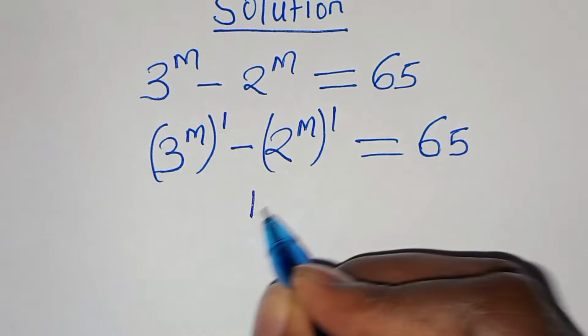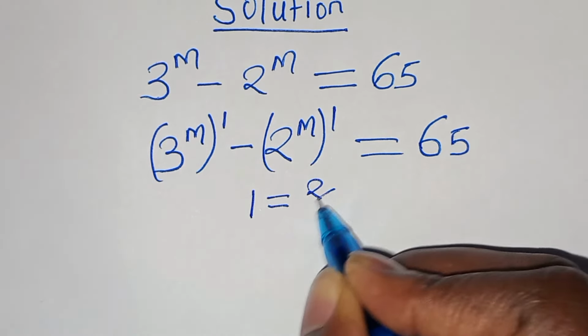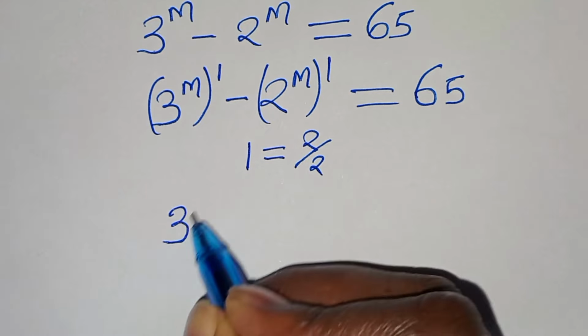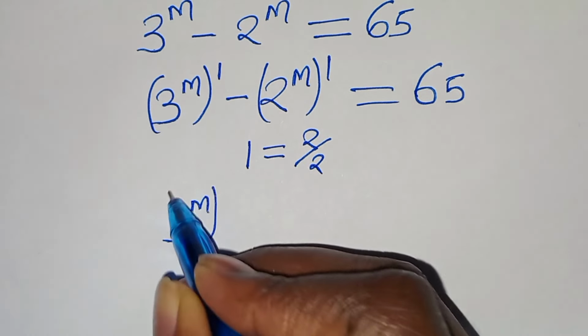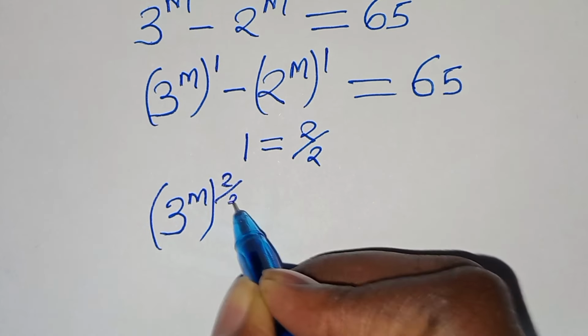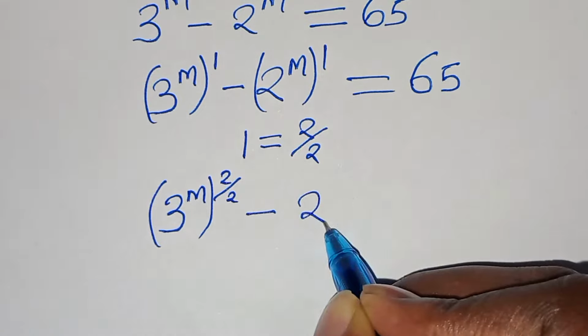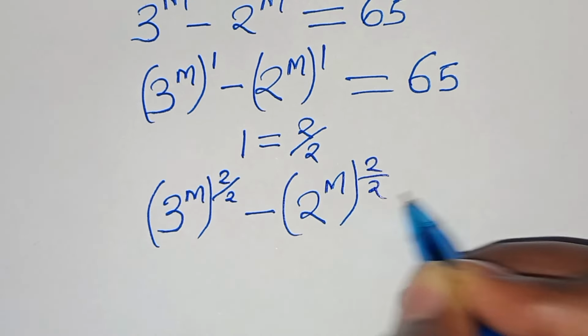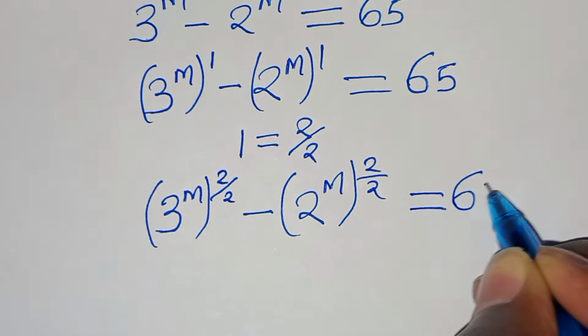The next step is that we can express 1 as 2 over 2. So now we have 3 to the power of m raised to the power of 2 over 2, minus 2 to the power of m raised to the power of 2 over 2, equal to 65.